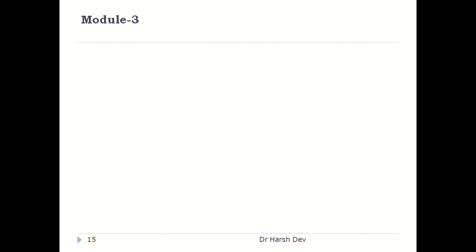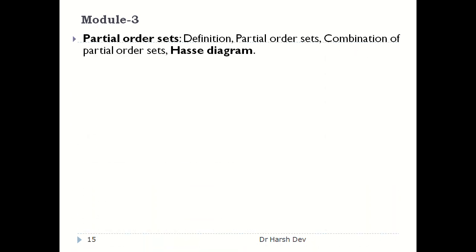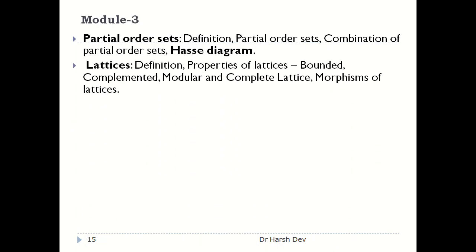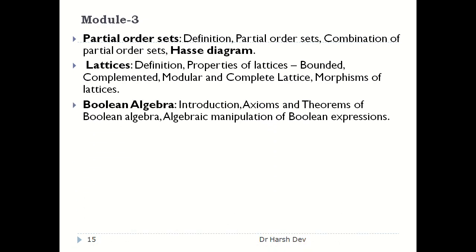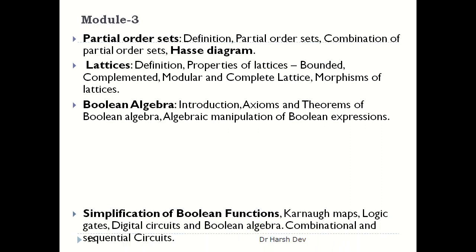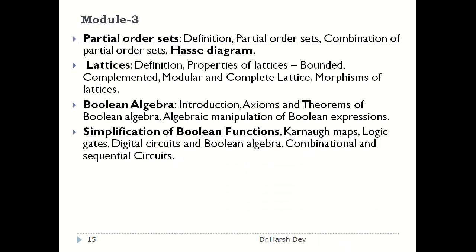Right. Similarly, in module 3, we'll start with partial order sets. Then we'll talk about the Hasse diagram. Then we talk about lattices and various types of lattices. We'll also be studying Boolean algebra, its axioms, and so on. We will also see how to simplify Boolean functions using K-map and other methods, right?